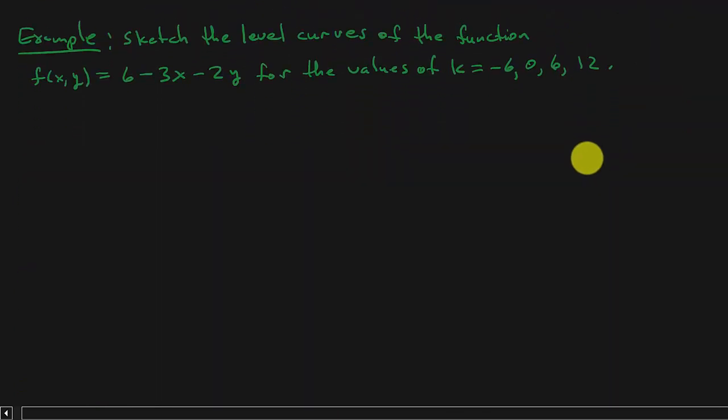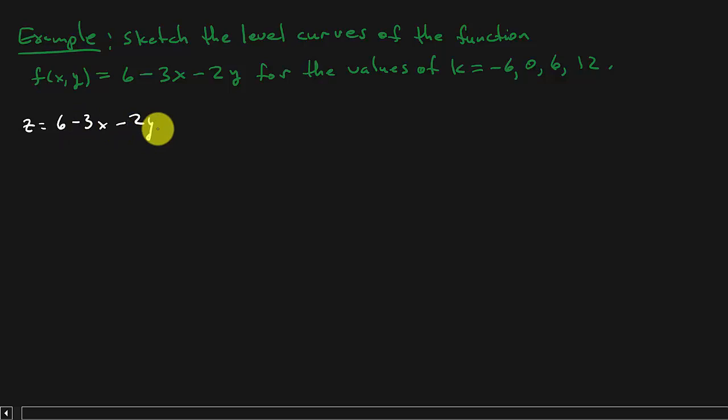Example: sketch the level curves of the function f of x, y equals 6 minus 3x minus 2y for the values of k equal to -6, 0, 6, and 12. The first thing I want to do is write this as z equals 6 minus 3x minus 2y.